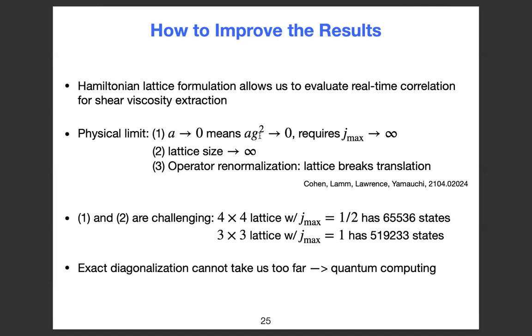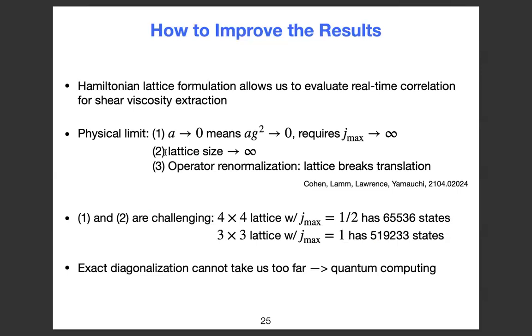At the same time, it means the coupling needs to go to 0. But according to the formula I showed you, this requires that we do not truncate the local Hilbert space. The Gmax needs to be taken to infinity. And the second physical limit requires the big volume limit, or infinite volume limit. So we need to take the lattice size to be big.